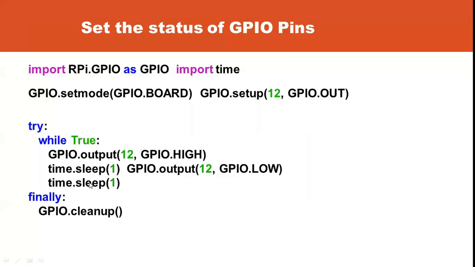Again sleep 1 second. Which means we are continuously sending high and low values within a time interval of 1. So our LED that is connected to pin number 12 will be continuously blinking. If there are any problem in any of these devices and APIs, the exceptions will be caught and then we will call the cleanup code.